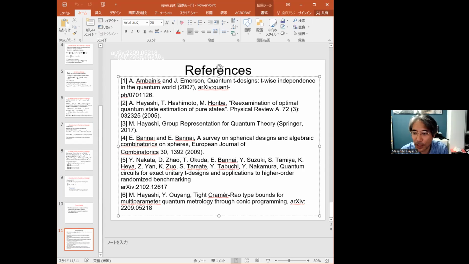Any comment or question, or what do you think about this conjecture or topic? If you are interested in this conjecture, I can send a draft, a PDF version.